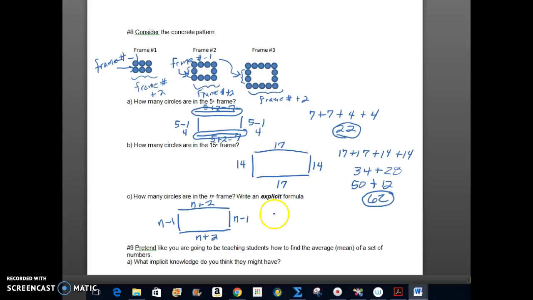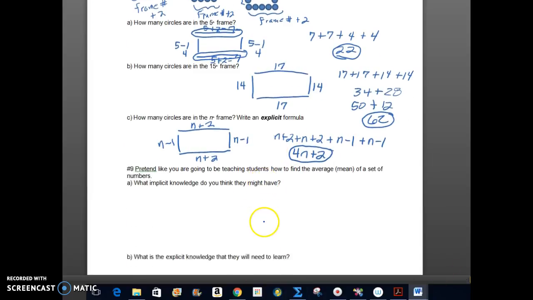I'm going to just go straight forward here. n plus 2 plus n plus 2 plus n minus 1 plus n minus 1. You could write like 2 parentheses n plus 2 plus 2 parentheses n minus 1. Doesn't matter. In the end, I've got 1, 2, 3, 4 n's. 4n, but I subtract 2 off, so plus 2. Okay?